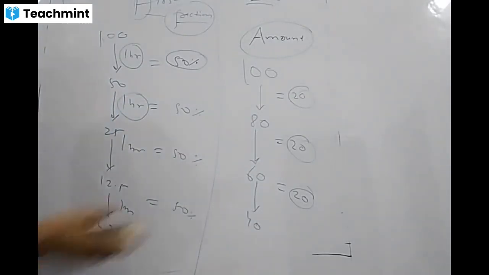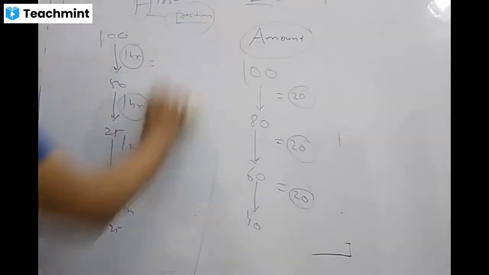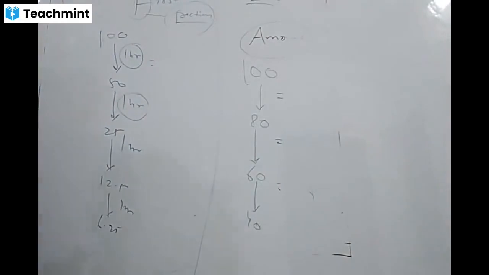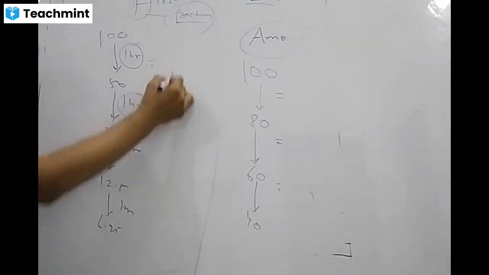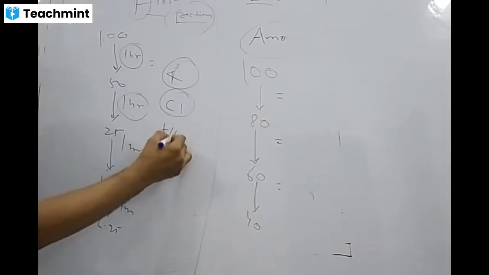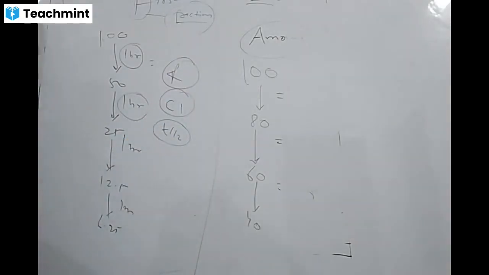So the next question in this first order and zero order kinetics, they will ask you three things. In the module I have given: one is rate of elimination, second is clearance, and third is the T half. These are the three things they will ask you.